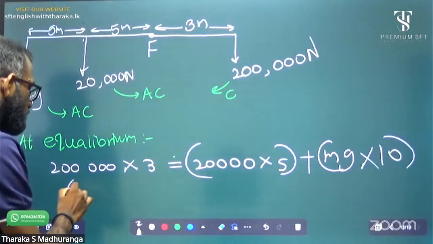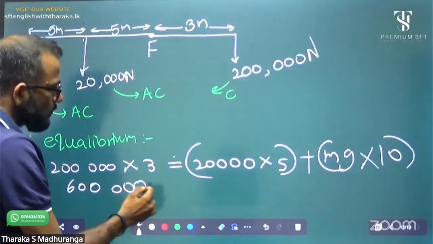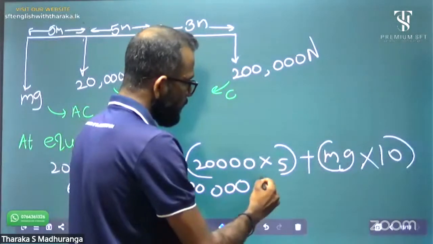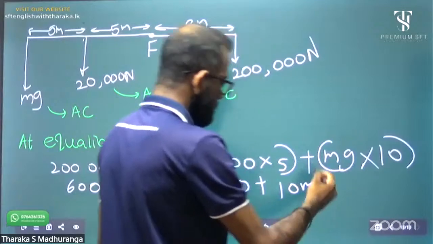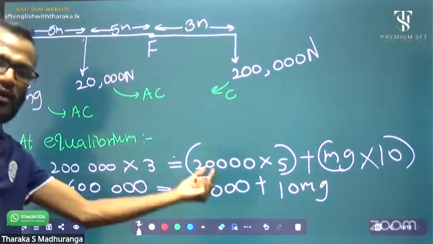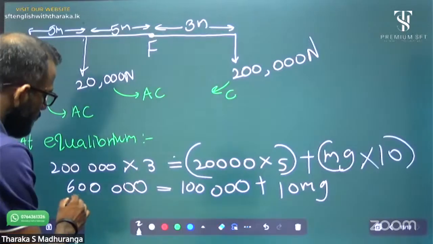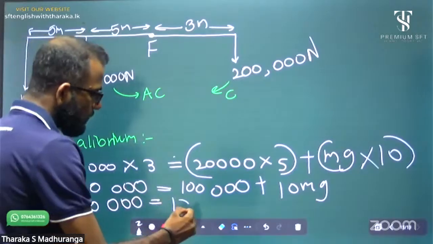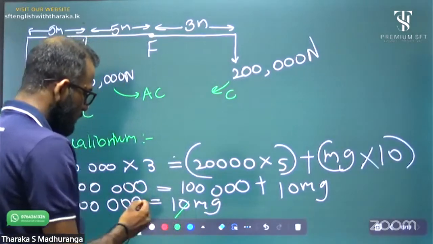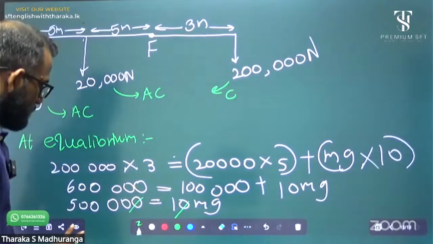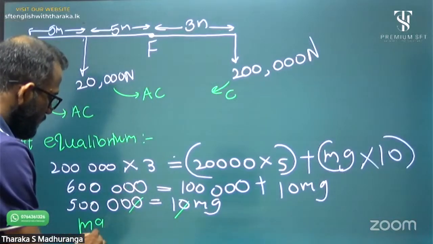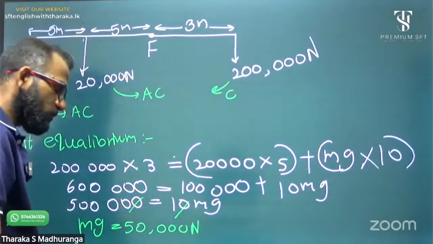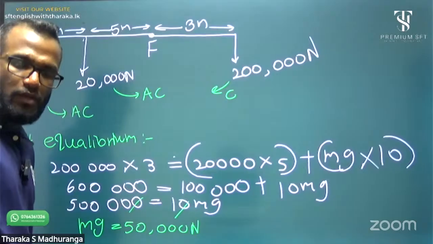200,000 into 3 is 600,000, 6 lakhs. 20,000 into 5 is 100,000. Then 10 mg. Bringing the 100,000 to this side, it's 500,000 equals 10 mg. Zeros cancel, so mg equals 50,000 Newton.